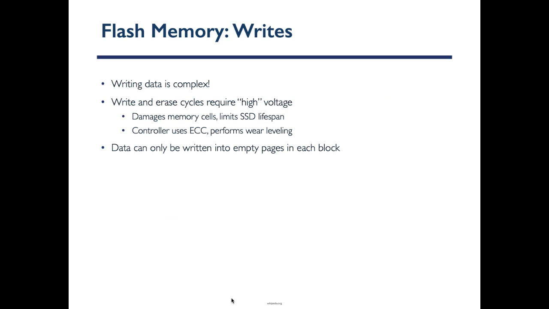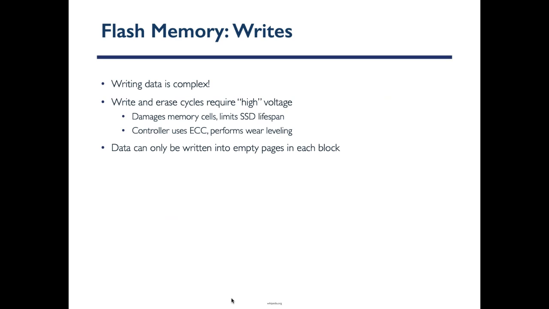So that's one important thing to keep in mind. Right off the bat, writing into your cell is a challenging thing, and each cell has a life cycle, a limit on how many times you can write to it. So this limitation has to be dealt with.